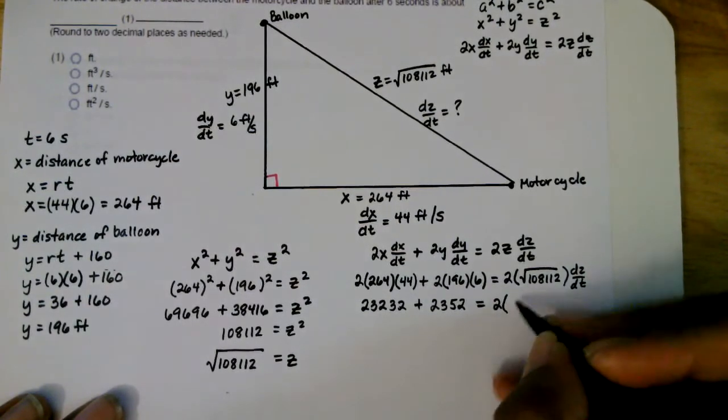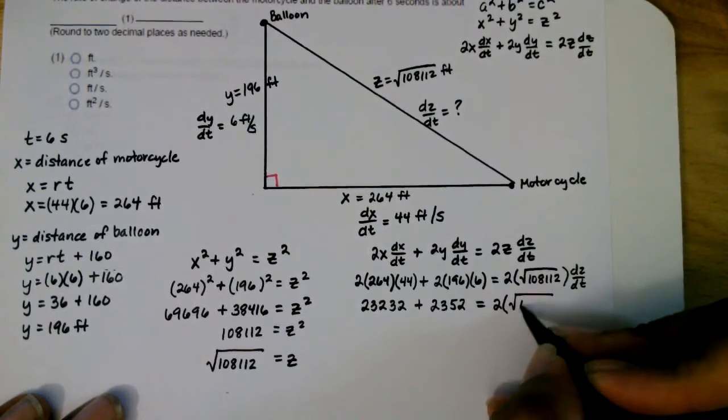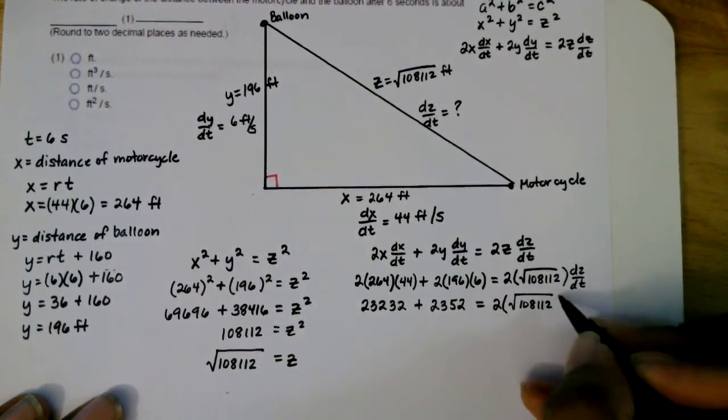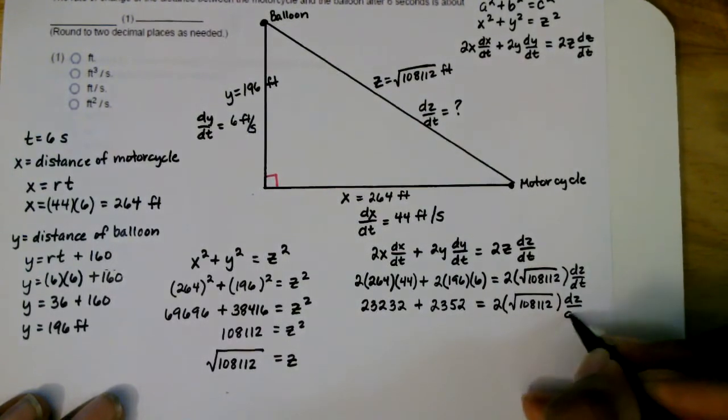This will be 2 times the square root of 108,112 times dz dt.